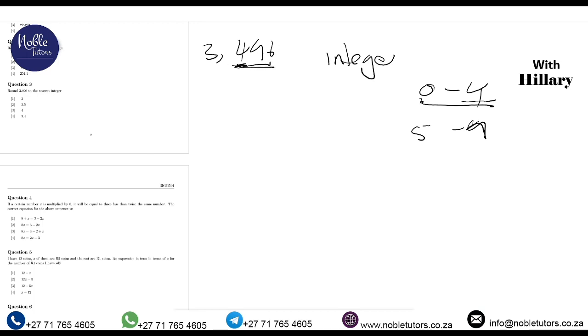By looking at these numbers, rounding off a number such as 49 is below 5. So our final answer will be 3. That will be our integer, because 4 is between 0 and 4.